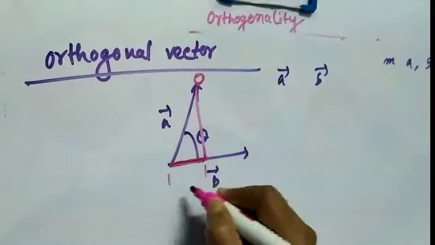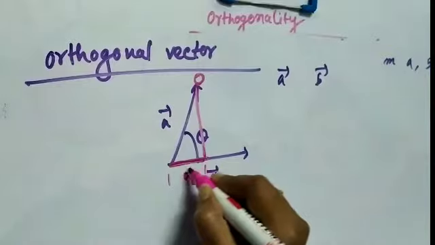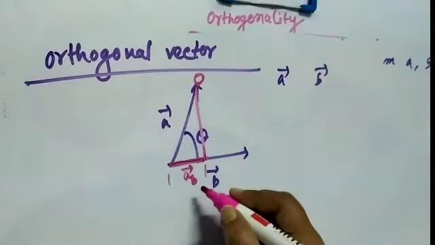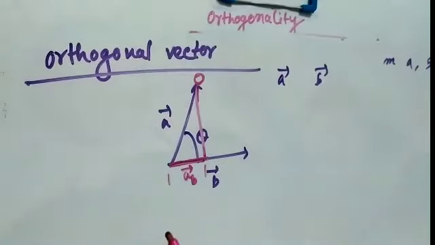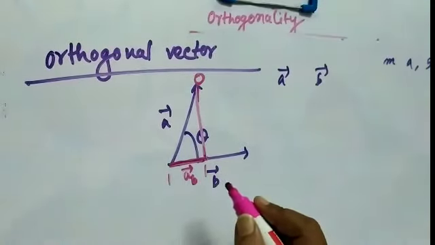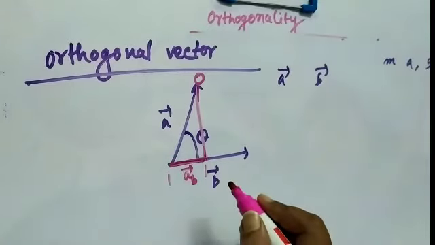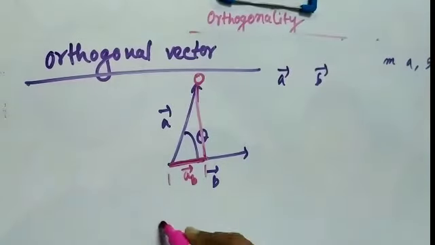This is called the projection of A on B, which I am representing by AB. And from here you can see that the magnitude of the projection is simply equal to the magnitude of vector A cos theta.